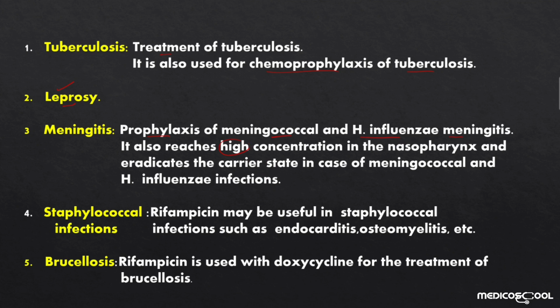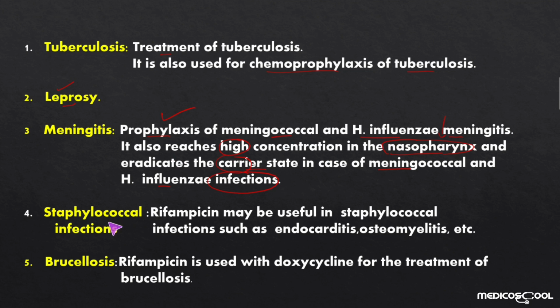Rifampicin reaches high concentration in locations like the nasopharynx, and in the carrier state, meningococci and H. influenzae reside in the nasopharynx. So it reaches high concentration there, and thus it is useful in the eradication of the carrier state in Neisseria meningitidis and H. influenzae infection. So these are the two uses, prophylaxis and eradication of the carrier state of both meningococcal and H. influenzae infections.